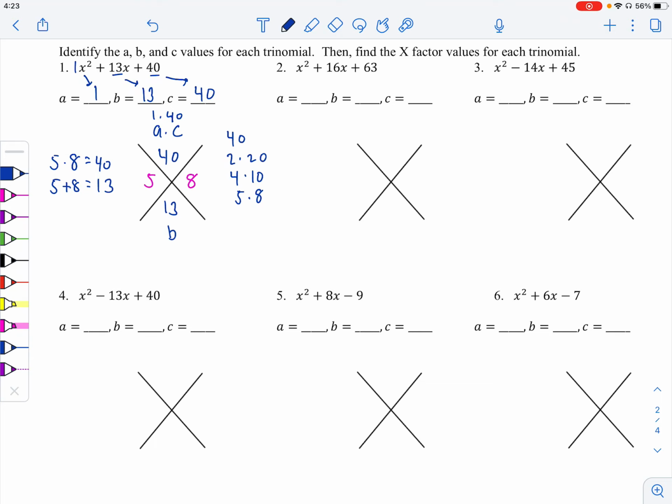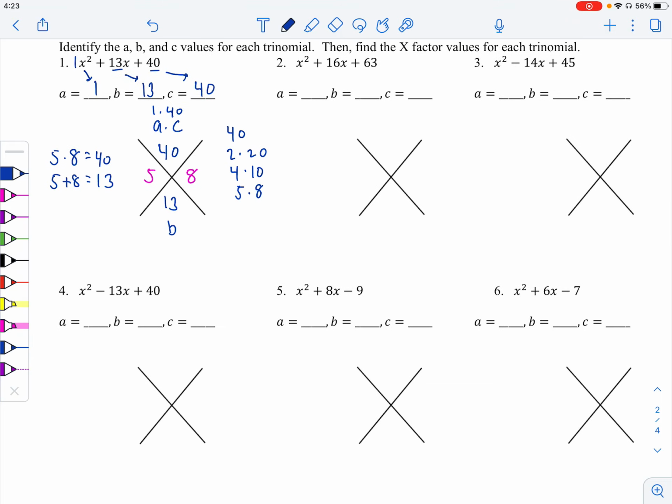So that works right there. We want to eventually get to where our two factors are going to be x plus 5, x plus 8, like that. But we're going to get to that. Right now we're just practicing finding the two numbers.